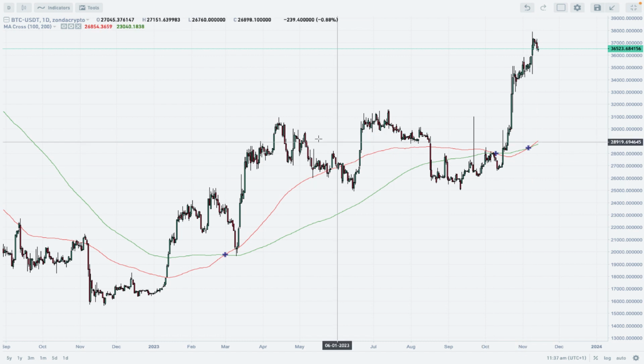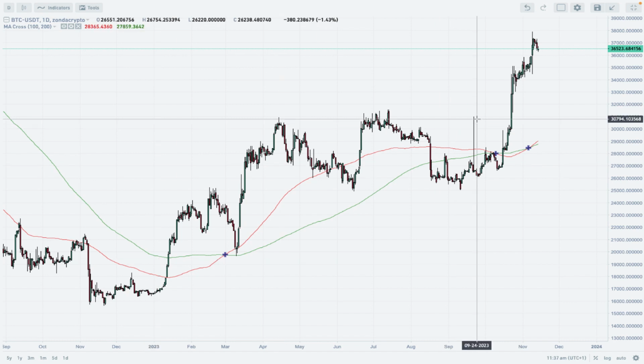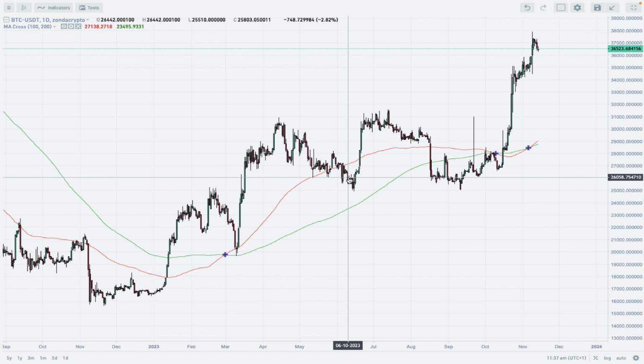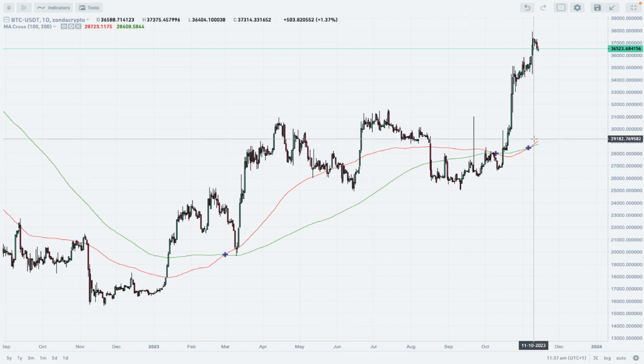So that's another indication that the uptrend is in progress. The first one was the higher highs, higher lows indication. The second was the golden cross on the 200 and 100 moving averages.